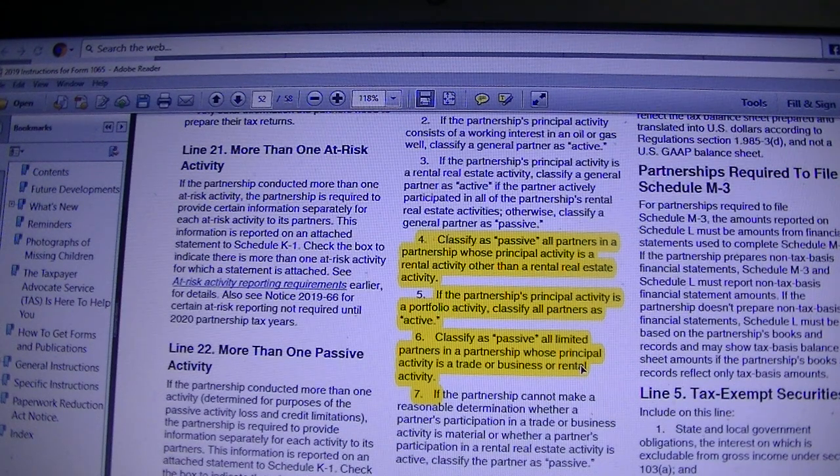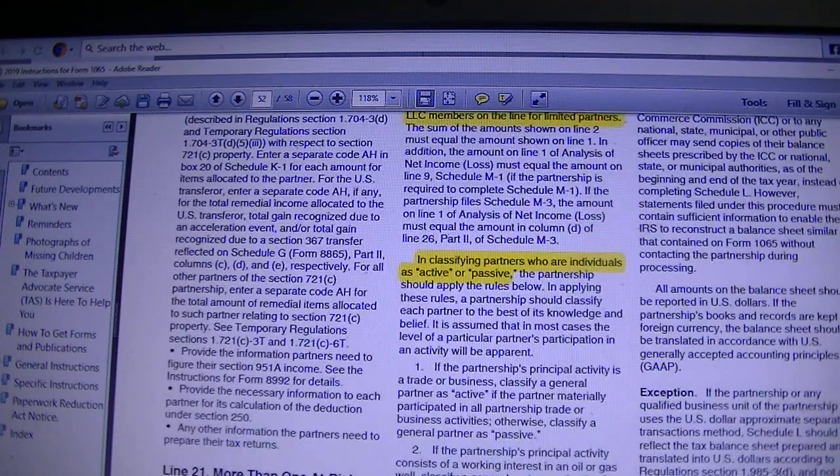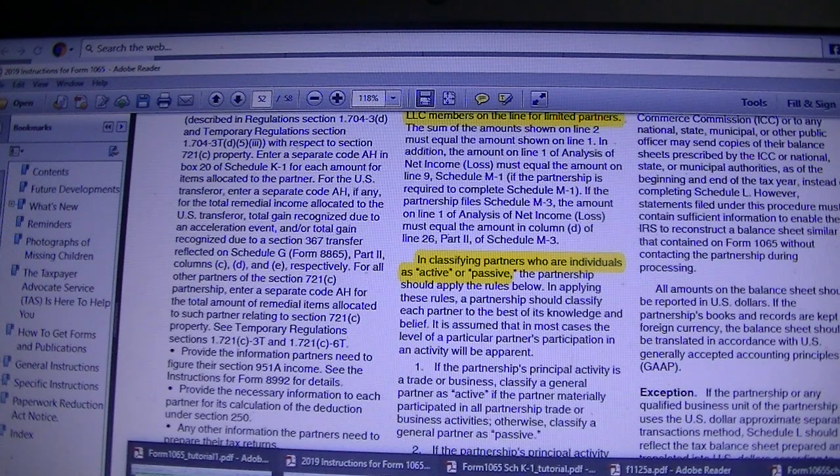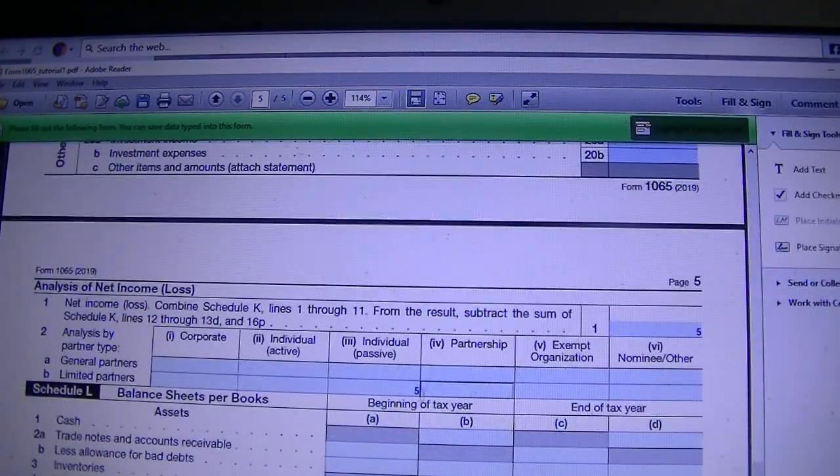So that would be that. And they say to put all the amounts for LLC members under limited partner. So that's just the option that is available for rental property owners and traders and business owners. So let's go back to our forms here. We have that 5 there, and that's pretty much our Schedule K done.